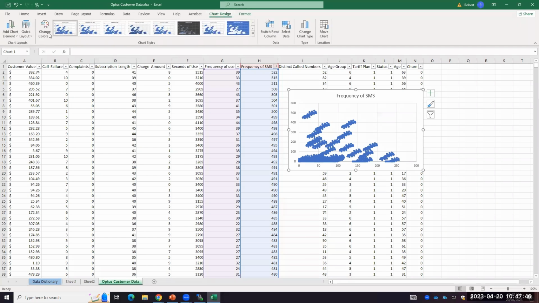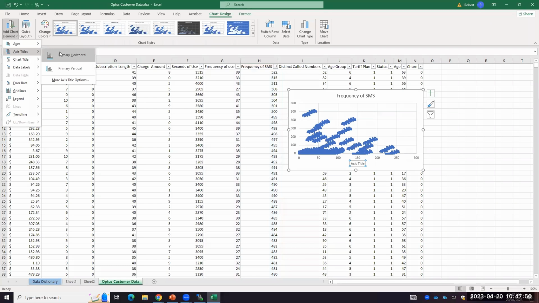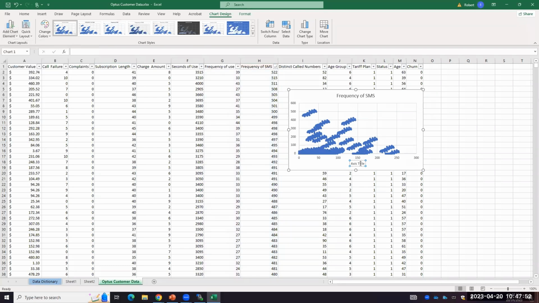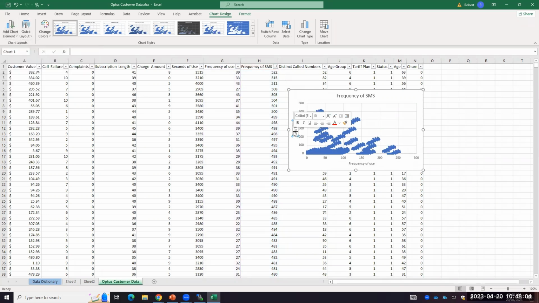So let's go to chart design, add chart elements, axis titles. So this one here is frequency of use. And this one here is frequency of SMS.